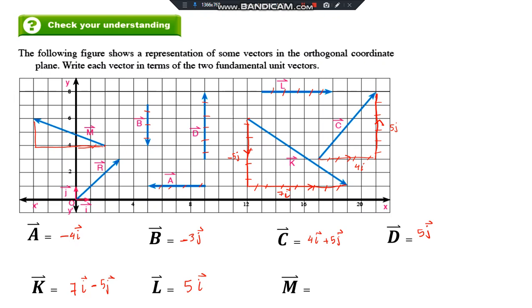We move left 1, 2, 3, 4, 5, in the negative direction, so negative 5i, and we move up 2 units, so 2j. Thank you for listening, and see you later in the next video.